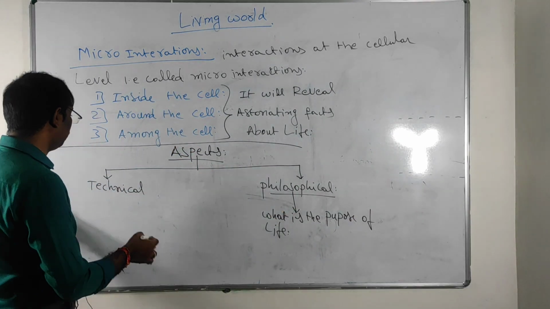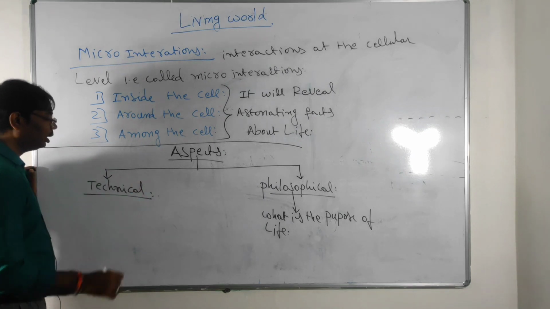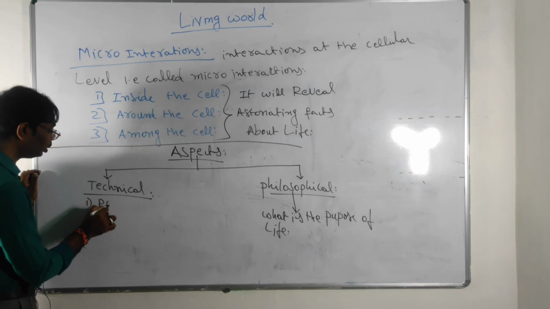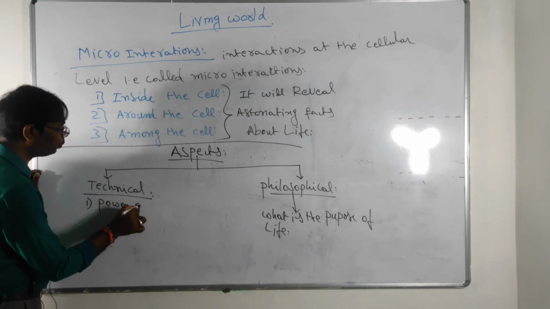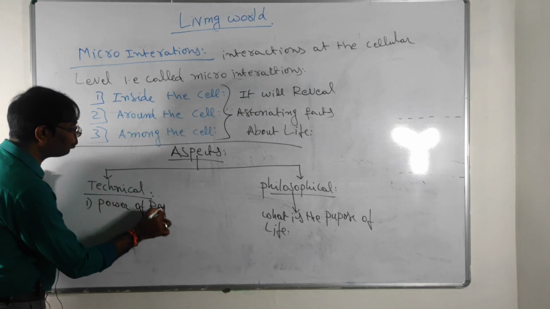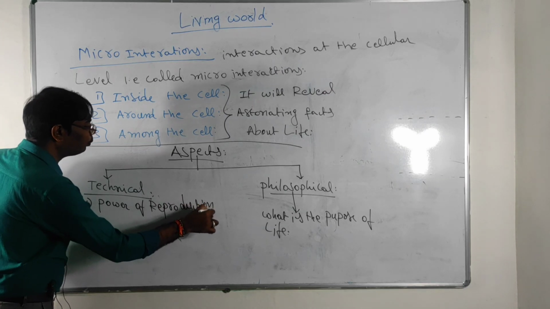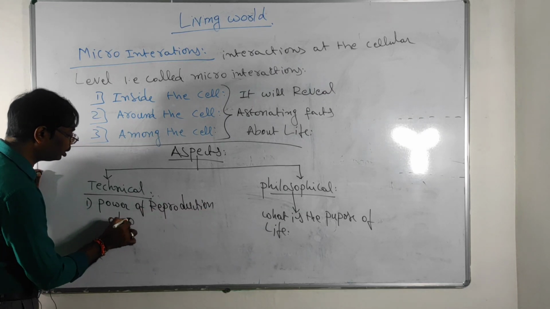And another one is called the technical aspect. The technical aspect explains two things. Power of reproduction of organisms.